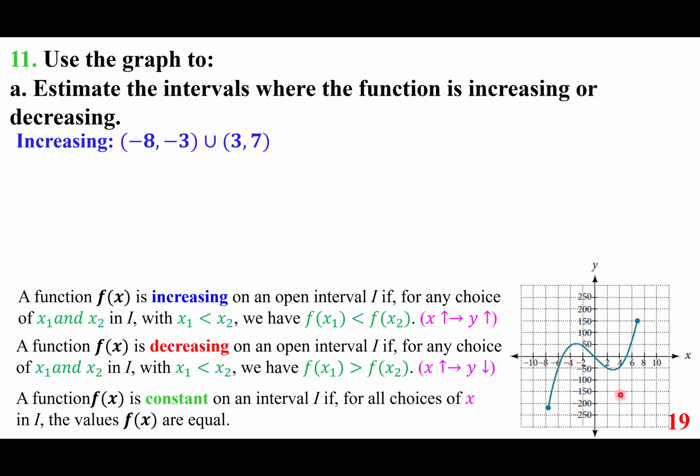So in that vicinity, and then from here 3 to 7 along the x-axis, you find the domain. Okay, so this portion belongs to this part. And now this one, the decreasing part, is in between these two numbers, -3 and 3, or parentheses -3 and 3. This is an inequality. This is interval notation.